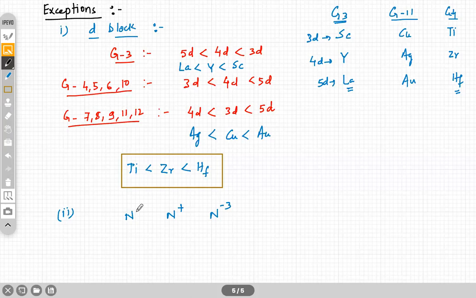Just a second, Pranav, we'll discuss that. Wait. The outermost electronic configuration of N is 2s2, 2p3, right? For N plus, it is 2s2, 2p2, and N3 minus is 2s2, 2p6.